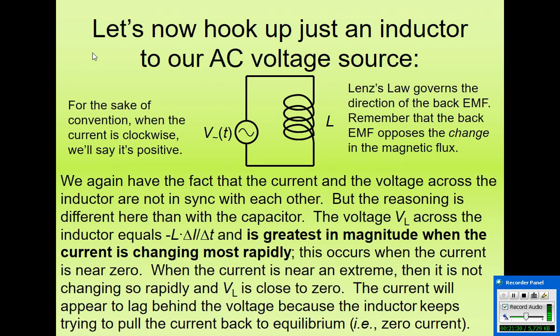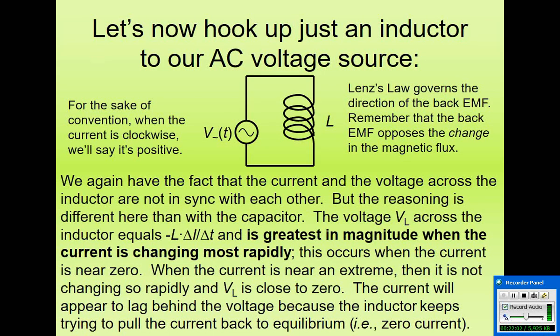Let's move on to our final circuit element, an inductor. And this is probably going to be the most challenging to visualize because Lenz's law can be so darn difficult to visualize. The fact that we have a coil in this circuit means that there is going to be a substantial magnetic field created by this alternating voltage source.